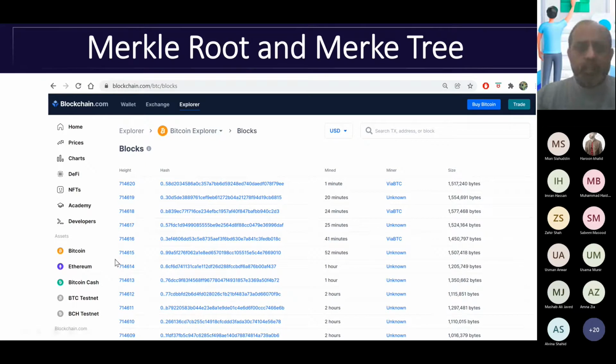I took this screenshot this morning. On Bitcoin, remember, we have been seeing this website where you see all the blocks, new blocks being minted, and this is the latest block that was minted this morning, and this is the name of the miner.